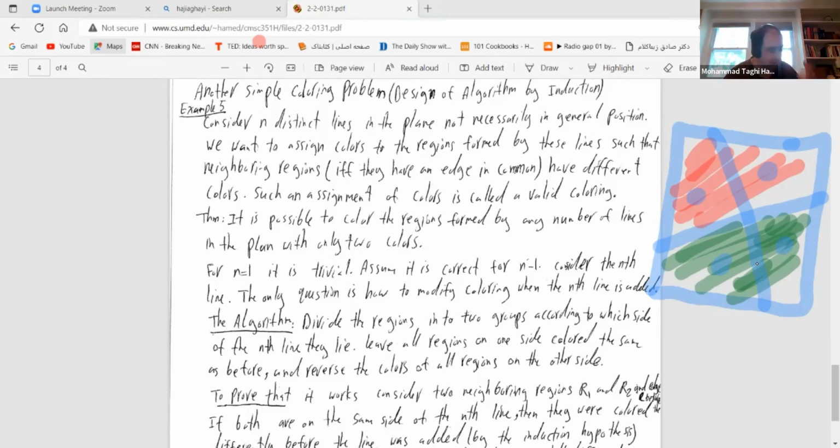So we want to design the algorithm by induction. What's the meaning of designing an algorithm by induction? Say that with n lines we could solve the problem. What about if we have n plus 1 lines? Of course, say we have a way to color these n lines. How can we design it for n plus 1 lines?